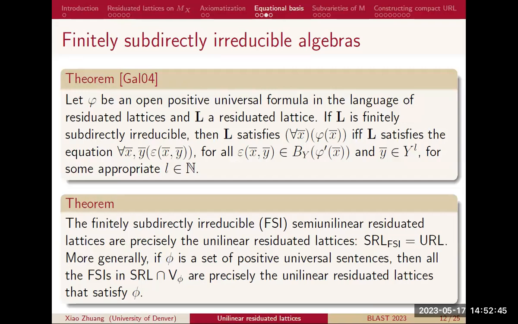If you add an extra axiom, like the second part of the theorem, we can say all the finitely subdirectly irreducible ones in the variety generated by URL3 are URLs. Sorry, it's a little bit redundant, but I want to convince you that our focus on the FSI, the finitely subdirectly irreducible ones, is exactly this class.